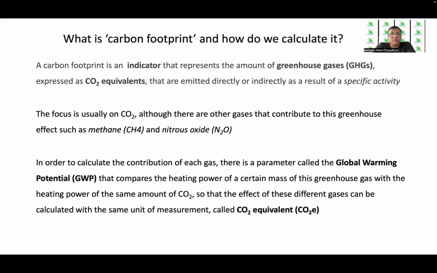The amount of the carbon footprint represents the amount of greenhouse gases, and these are expressed as carbon dioxide equivalent, because carbon dioxide is considered the key greenhouse gas, although there are other gases, like methane, nitrous oxide, and the fluorocarbons, all of which have immense potential to trap heat and thereby produce changes in the climate.